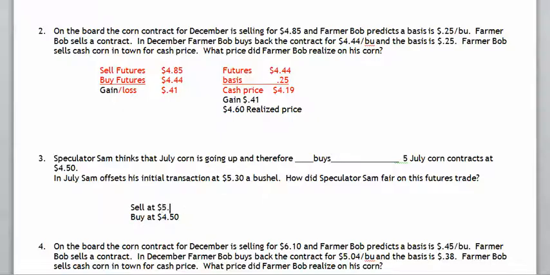And it looks like Sam did very well because he sold at 530, which he originally had bought at 450. That's a gain of 80 cents.